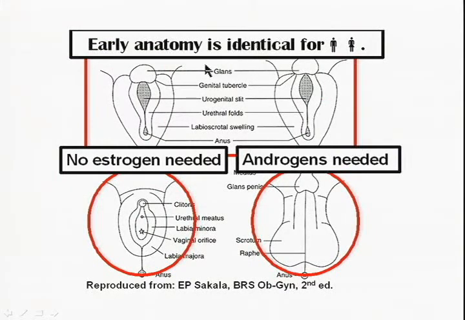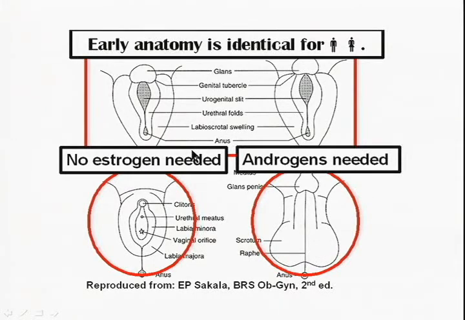The early anatomy of both the female and the male is identical, the external anatomy. And when you look at a very early embryo, you really couldn't tell whether it's a male or a female. The differentiation of the external genitalia is very much impacted by hormones, particularly in the male. In order for the male external genitalia, for the penis, for the scrotum to develop, you need to have androgens present.